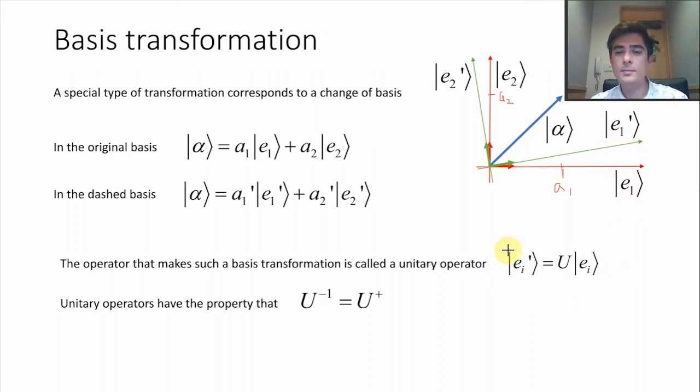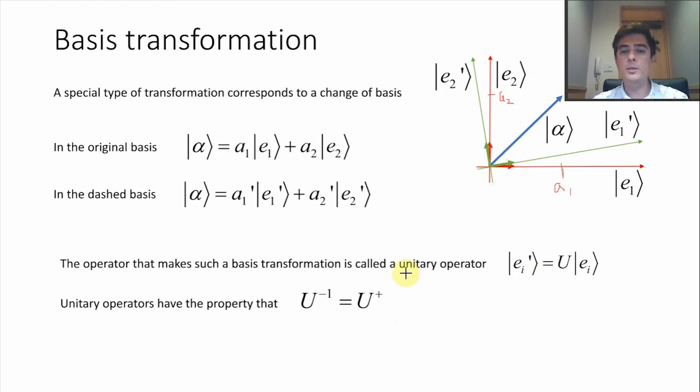So this operator transforms the vector as viewed by you into the vector as viewed by your friend, the guy with the green coordinates.